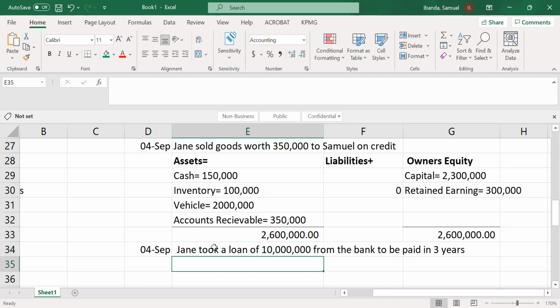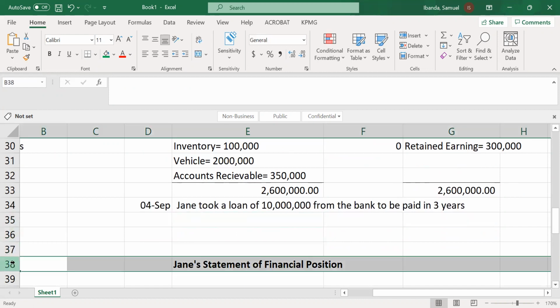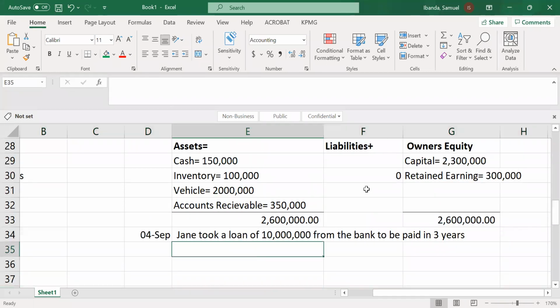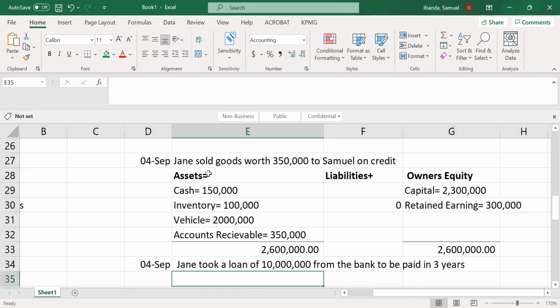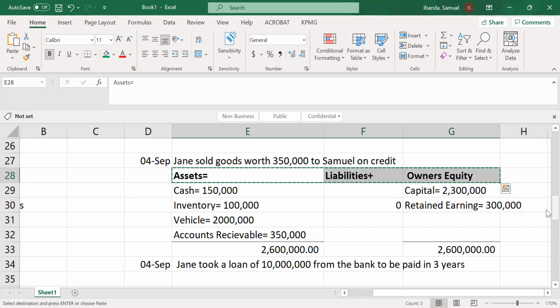If you have such a transaction and you want to represent this on the accounting equation, what we are going to basically do is I'm going to still restate this here.